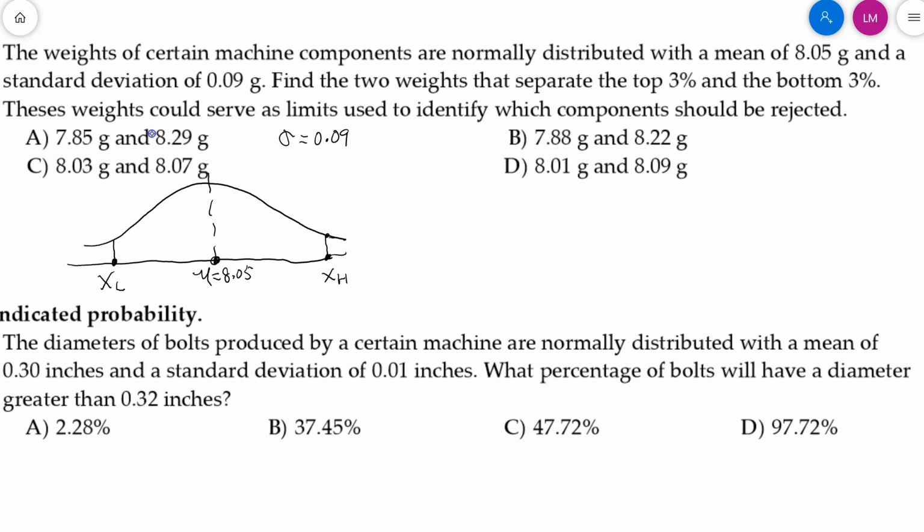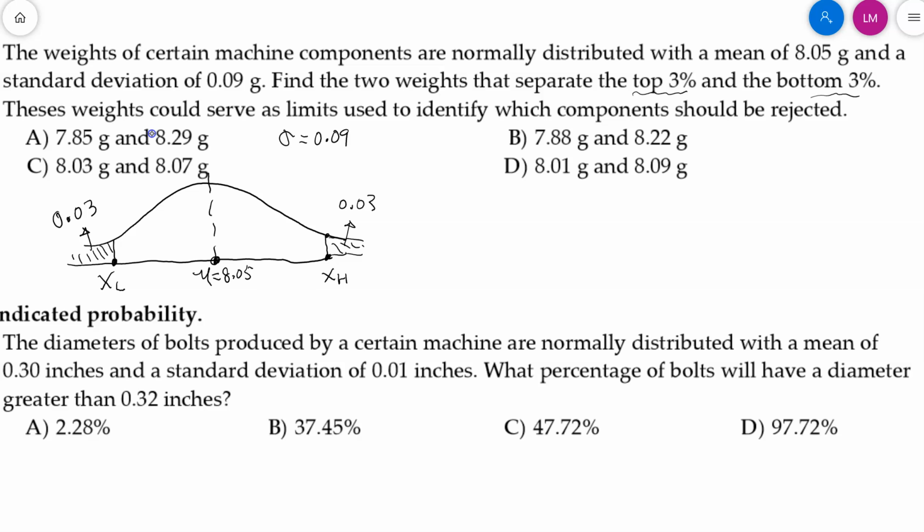Now each one is 3%, meaning 0.03. This area is 0.03, and this area is 0.03, because it says top 3% and the bottom 3%.